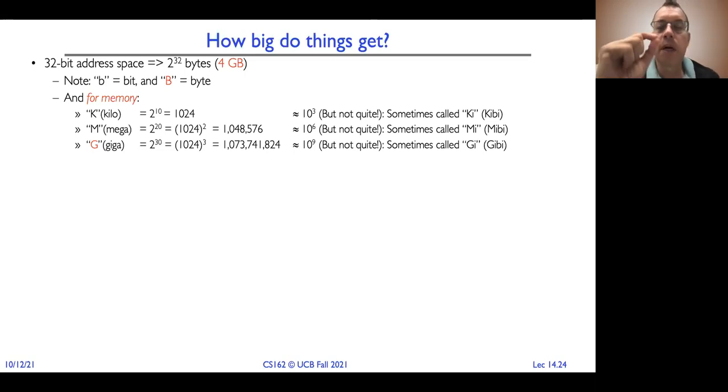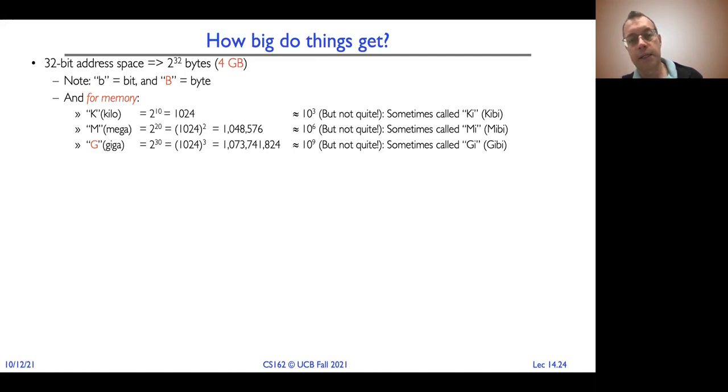When we are talking about bandwidth and network capacity, we are talking in powers of 10. 1 kilobit is 1,000 bits.